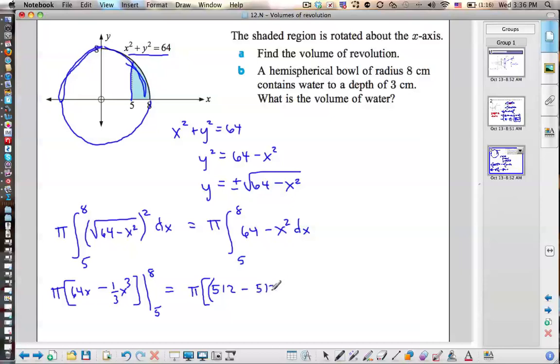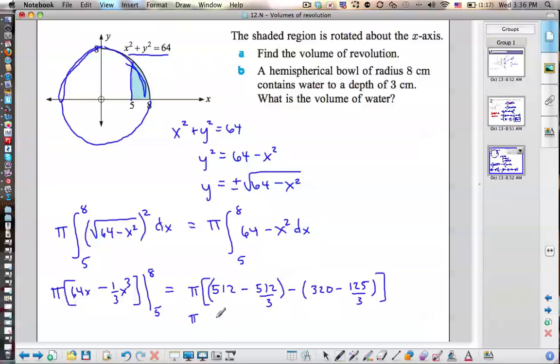Minus 64 times 5, that gives 320, minus 5 cubed, which is 125 over 3. Okay, so let's get messy.